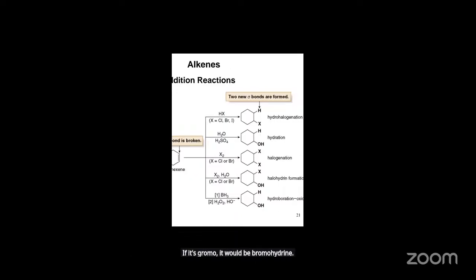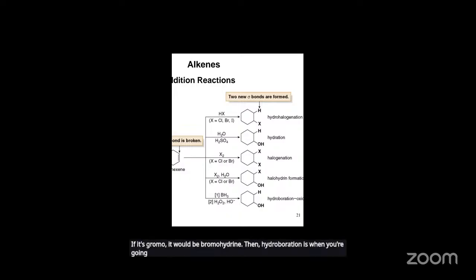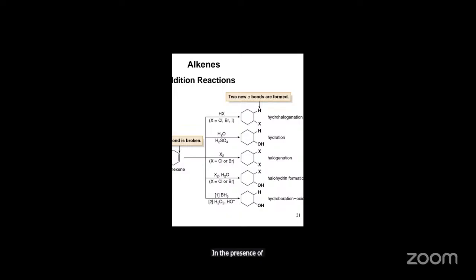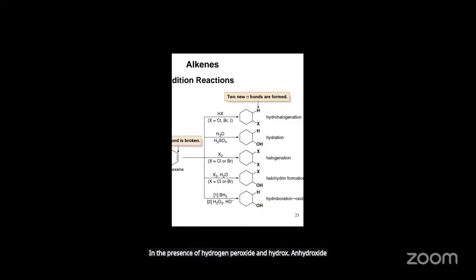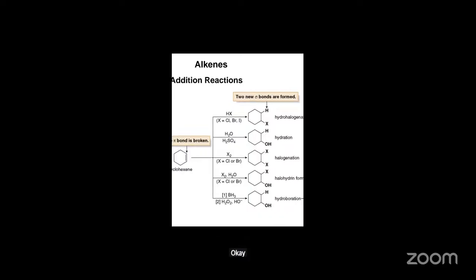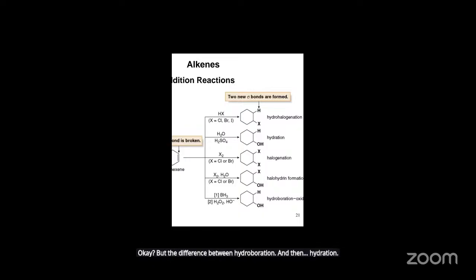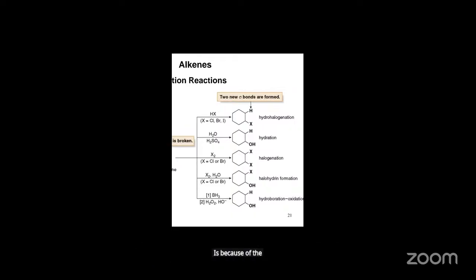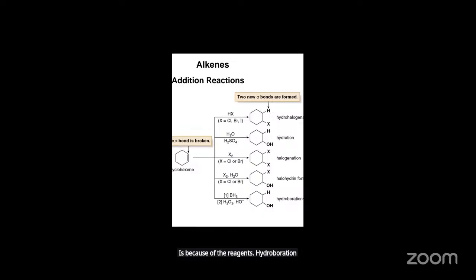Then hydroboration is when you have boric acid in the presence of hydrogen peroxide and hydroxide. In hydroboration, it is only water we add. But the difference between hydroboration and hydration is the reagent. Hydroboration is an oxidation reaction. That's the difference between them.